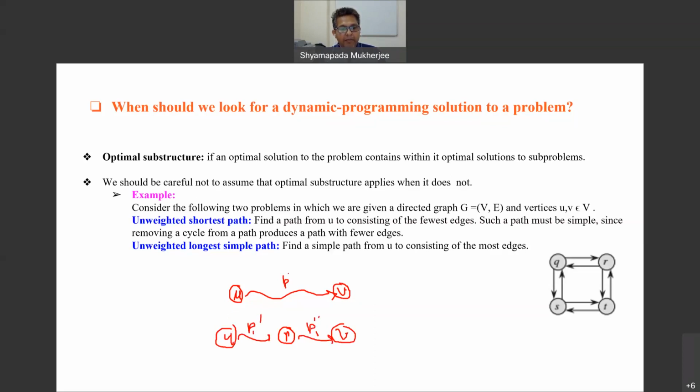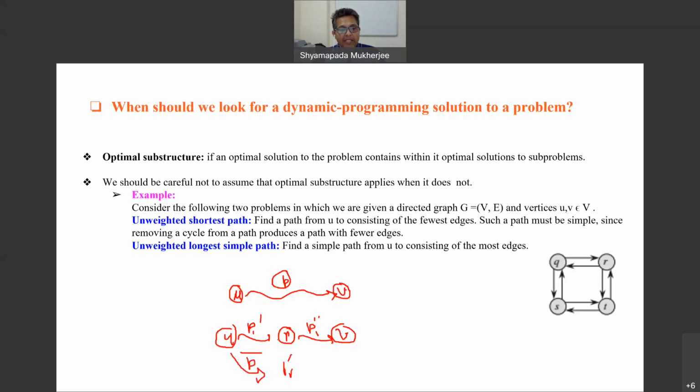If path P is optimal, then P1 dash must be optimal and P1 double dash also must be optimal. Otherwise, we will not get that P is optimal. If P1 dash is not optimal, then there must be some other path that is optimal.